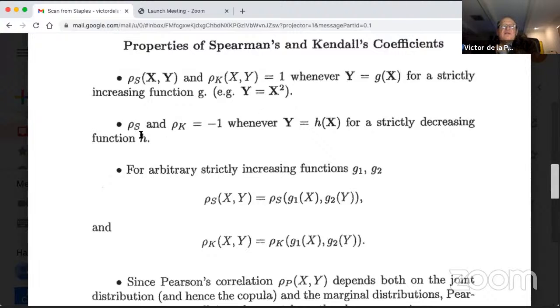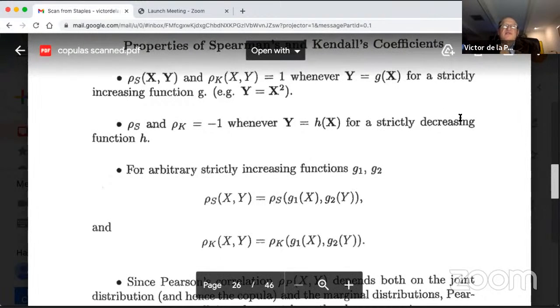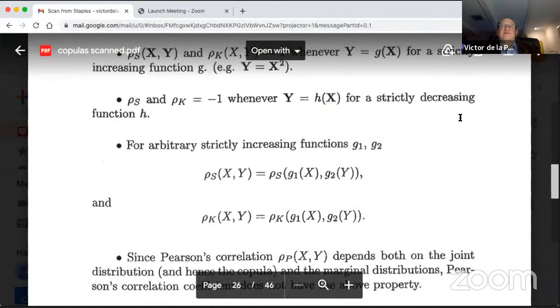And rho s and rho k equal -1 whenever y equals h of x for a strictly decreasing function. So if they are deterministically related by an increasing or a decreasing function, these correlations are either 1 or -1.